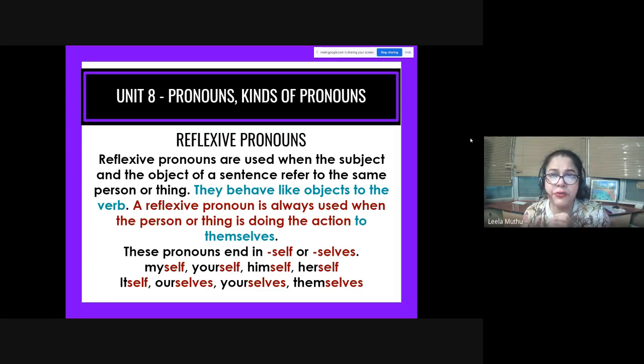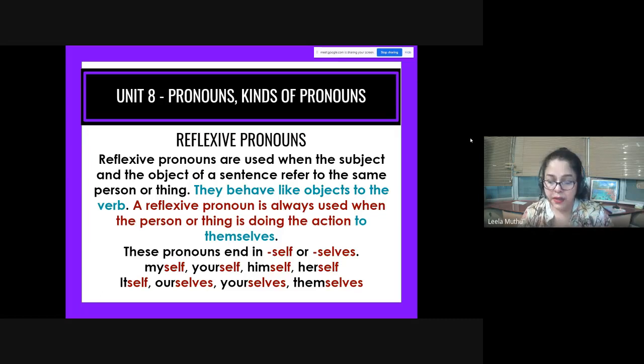Only when you go through many examples will you understand what I mean. A reflexive pronoun is always used when the person or thing is doing the action to themselves. And one thing you should know about all reflexive pronouns is that they end with the word self. You have the pronoun, which is the pronoun of the first, second, or third person, and then you add self to it.